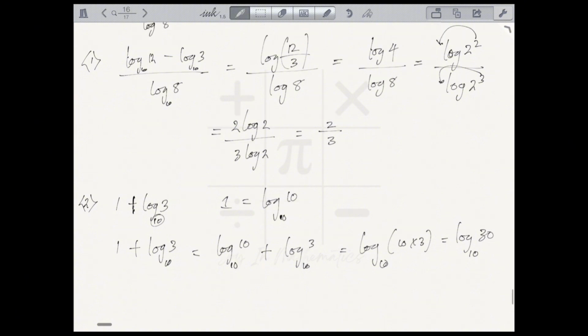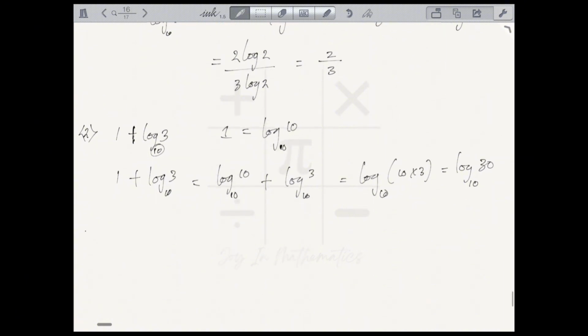All right, so let's take the next question that says 1 minus log 5. Also 1 in this case is log 10 to base 10. So 1 minus log 5, because this is base 10.